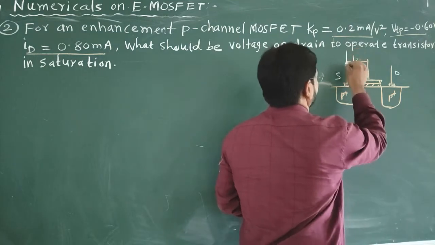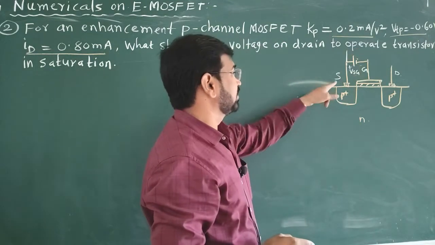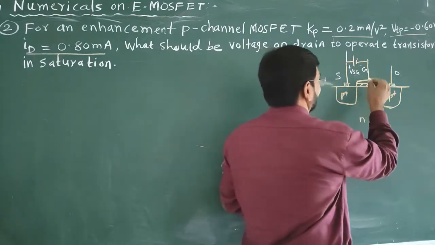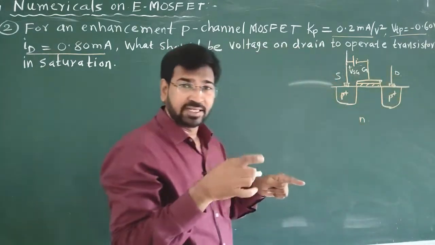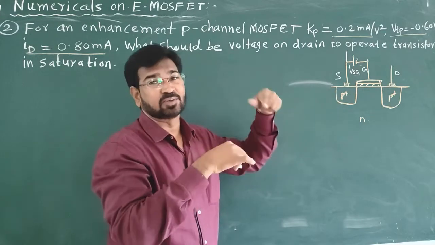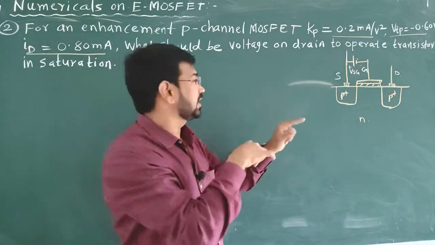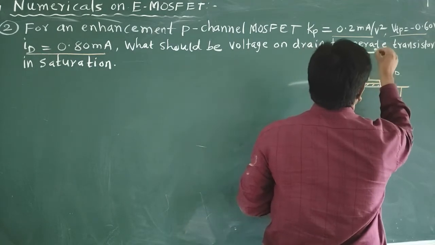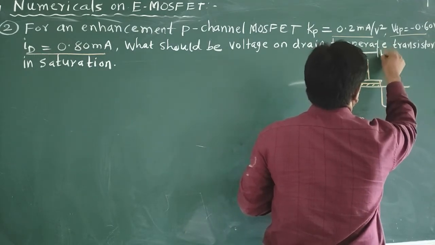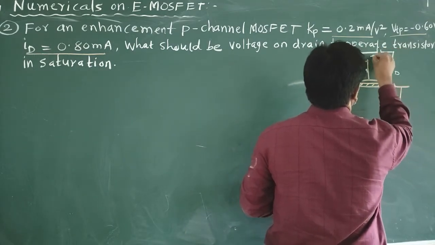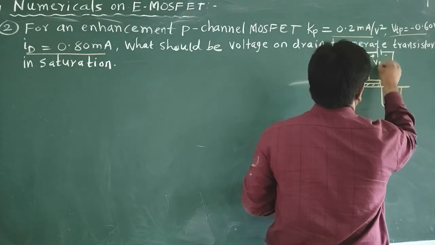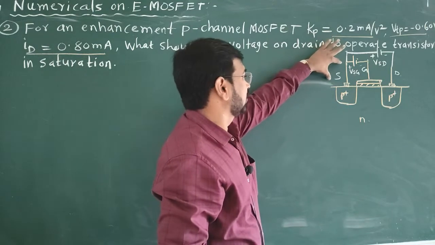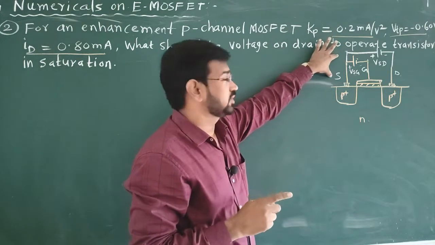And the next DC voltage between source and drain. Here also there is a change. It is VSD, not VDS. In VDS, drain is positive with respect to source, means source is negative. Here it is VSD, see the label. So VSD means again source is at positive potential. So every time the source is positive.